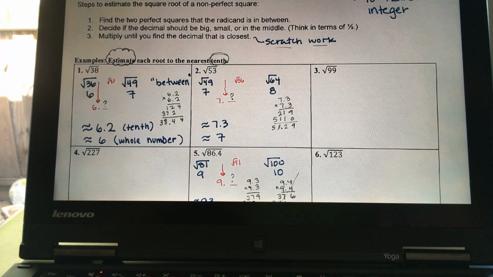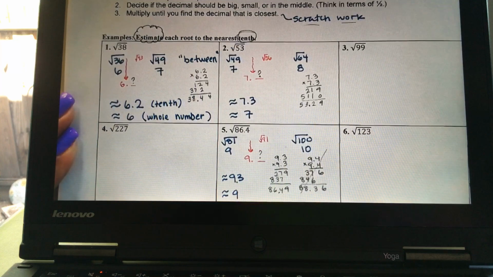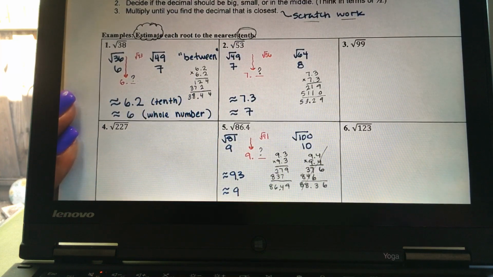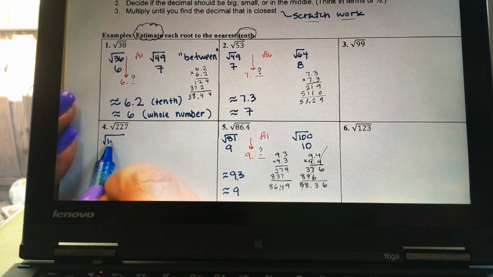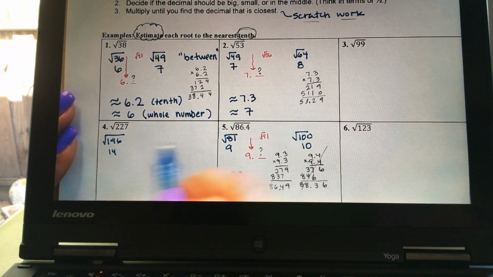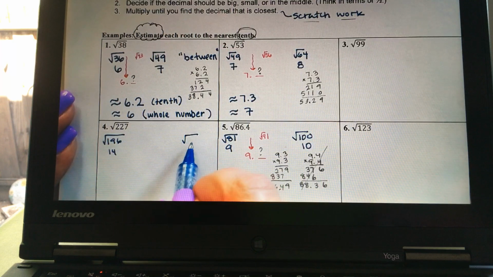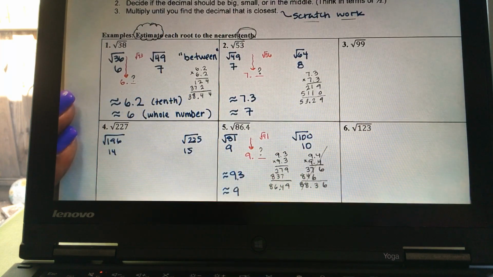Okay. We'll take a look at one more. I think I'm going to actually go back and get this one, which is the square root of 227. So again, looking at my table, square root of 196 is 14. And the square root of 225 is 15.